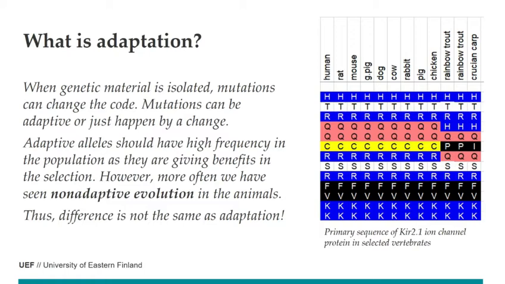They are all vertebrates. On the left there is a part of the protein segments of some common terrestrial animals, and on the right-hand side there are two proteins cloned from rainbow trout and one from crucian carp.